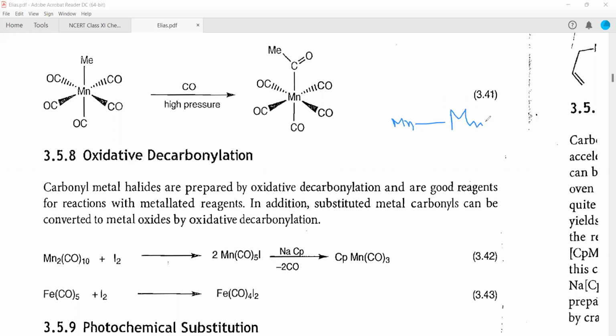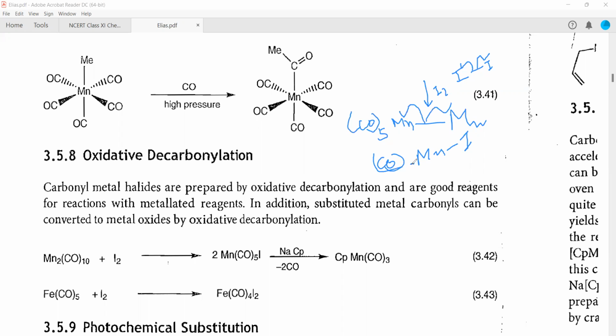You have another metal center, and you have CO 5 on each. When you treat it with iodine, this bond is breaking, and you have I2 here. I am doing the homolytic cleavage of this bond. It can be heterolytic as well. So this is breaking, and as a result of this, 2 molecules of this are formed.